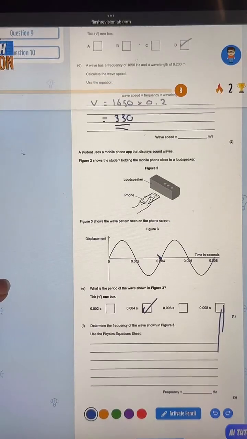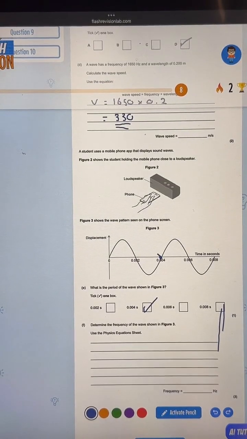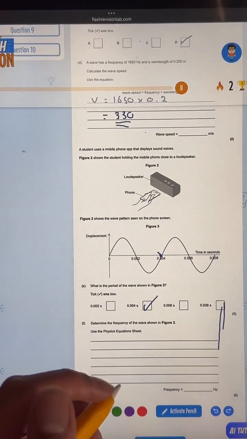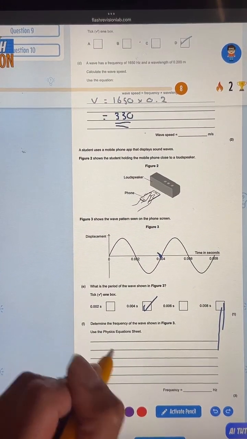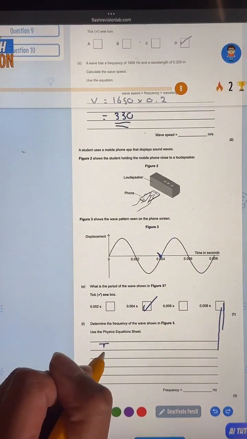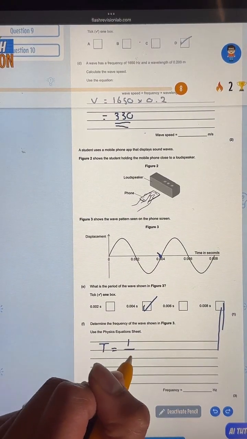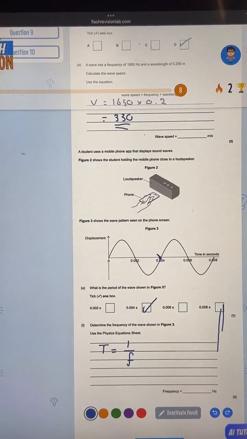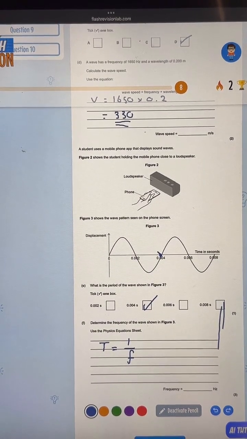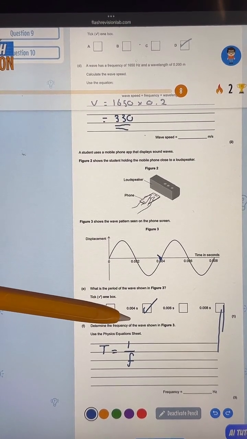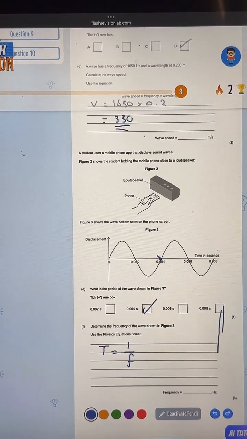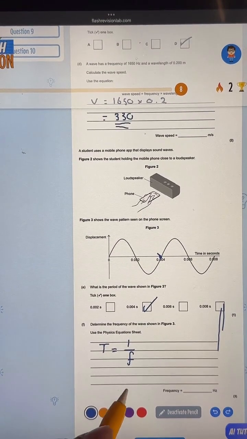We want the frequency of the wave. We just saw that period equals 1 over frequency, so in short, T equals 1 over f. We've got the time period as 0.004 from the previous question, and we now want to find the frequency.